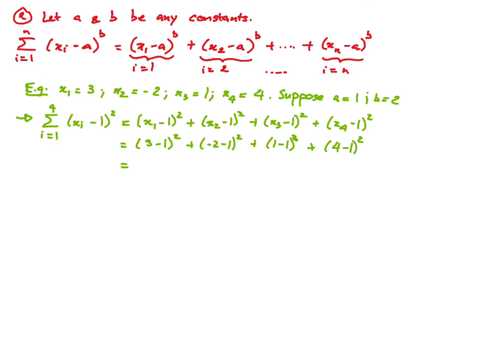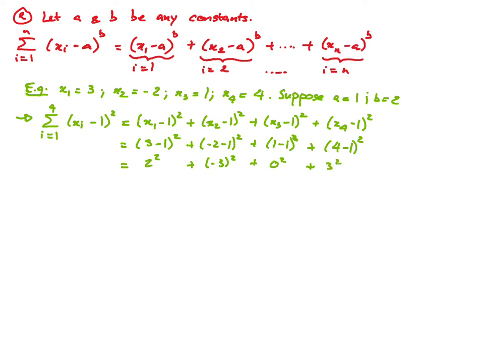So (3 minus 1) squared is 2 squared. Negative 2 minus 1 is negative 3, so this second term becomes (negative 3) squared. 1 minus 1 is 0, so this is 0 squared. And then 4 minus 1 is 3, so this is 3 squared.